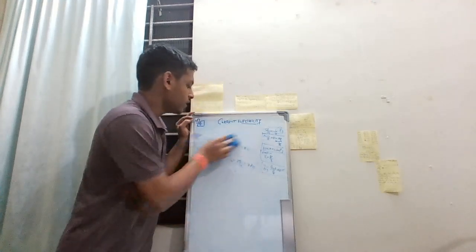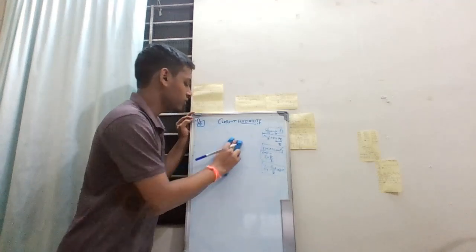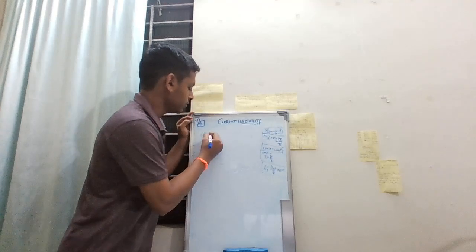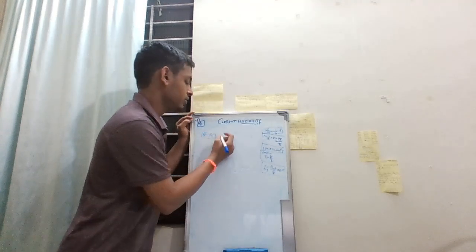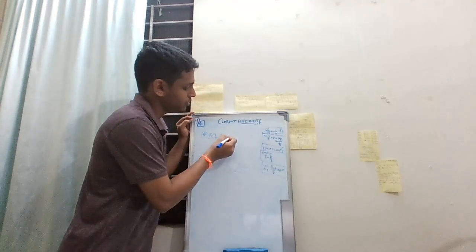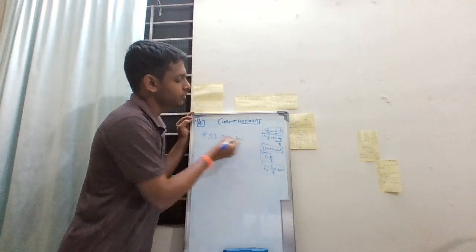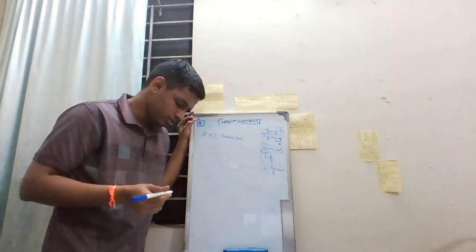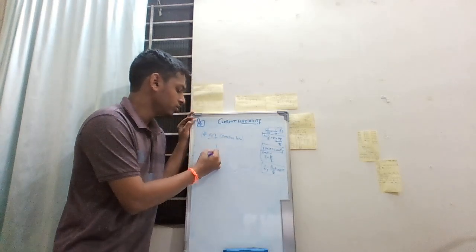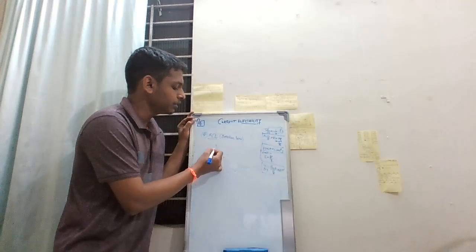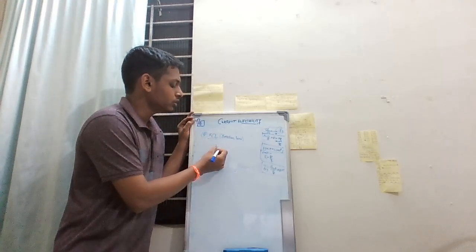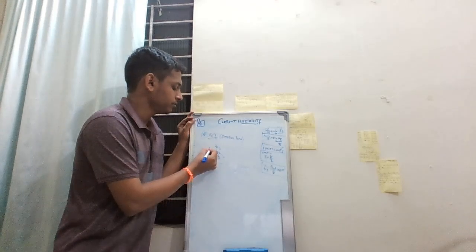Next, we have arrived at the most interesting part, KCL, Kirchhoff's circuit current law, the junction law, in which the sum of all currents leaving the junction would always be zero.